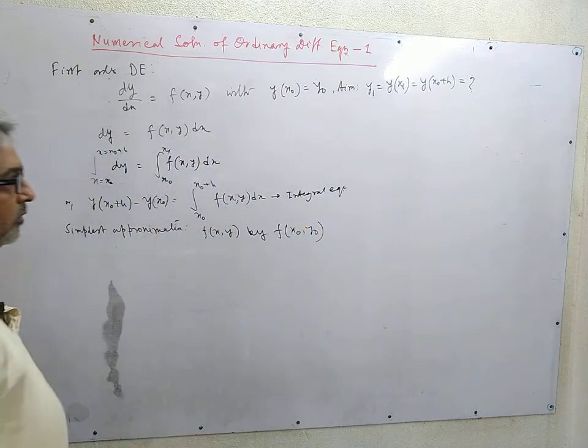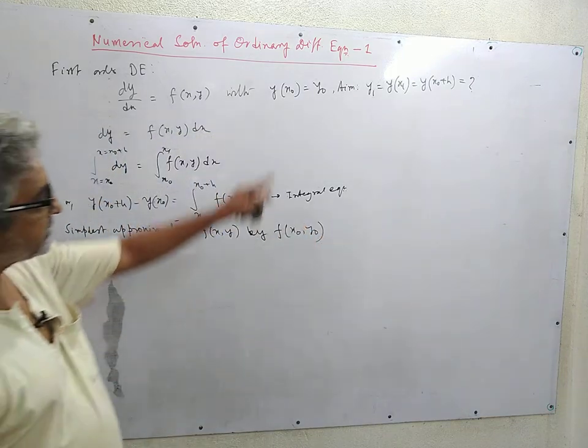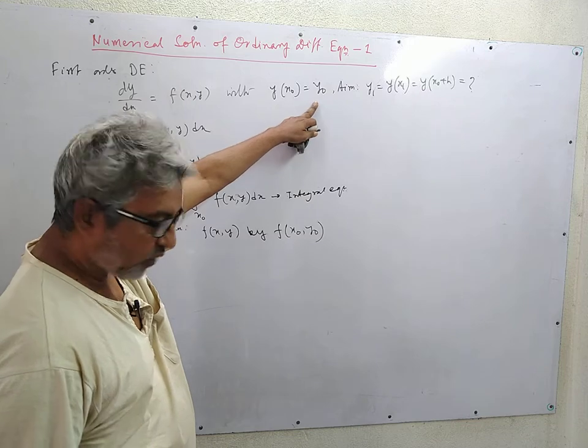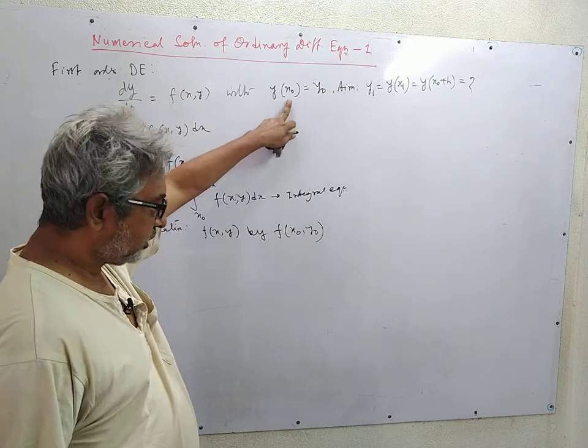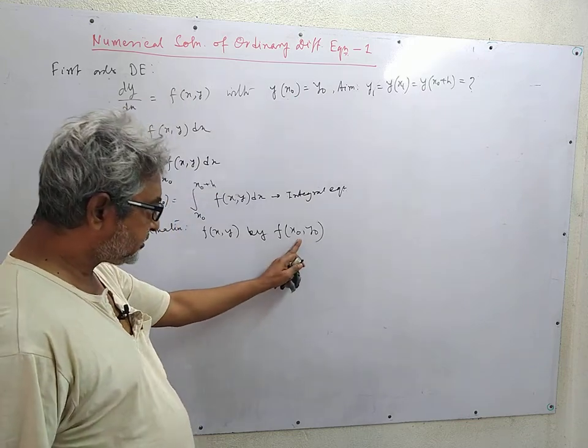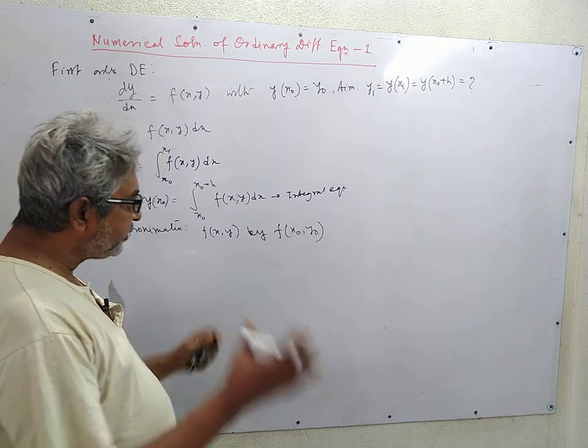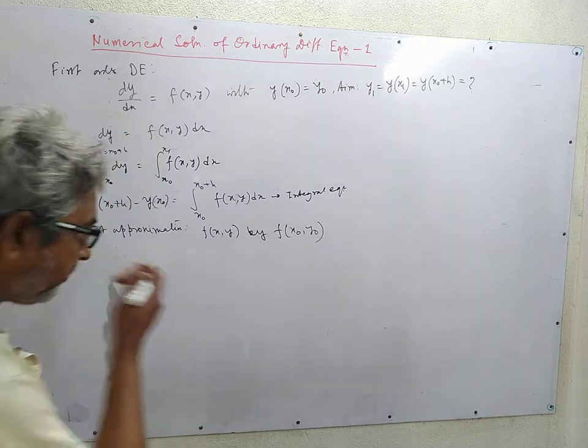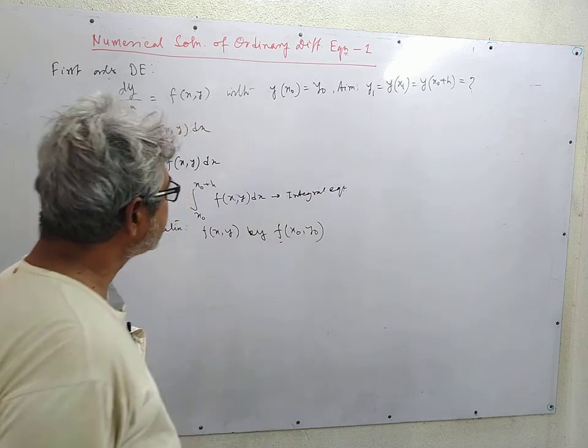This is known because our condition is that we know the value of y0 at x is equal to x0. So we know x0, y0, and if we are provided with the functional form of f, then we know it.